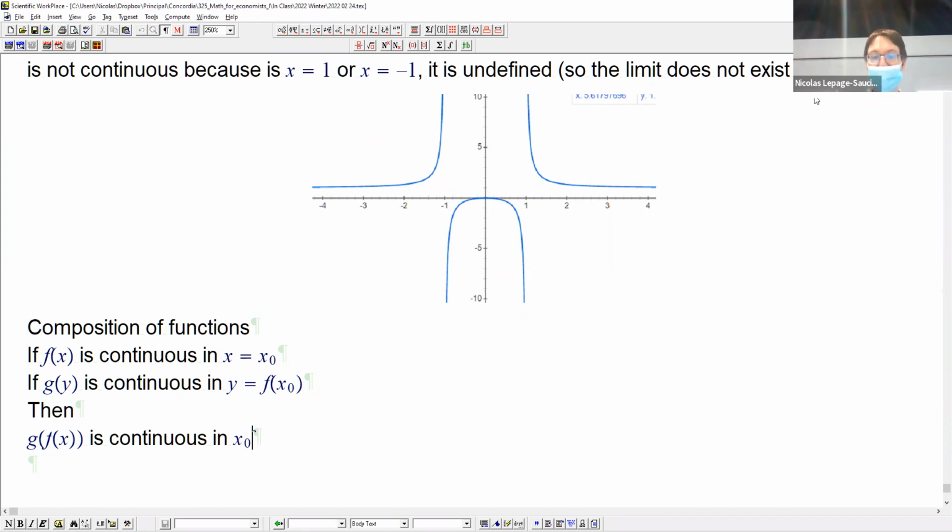Right? So if you have one continuous function and you apply a second one, as long as it's continuous in the domain that you're going to get from the first one, then the composition is going to be continuous as well.